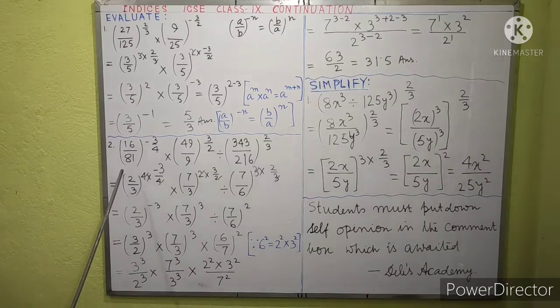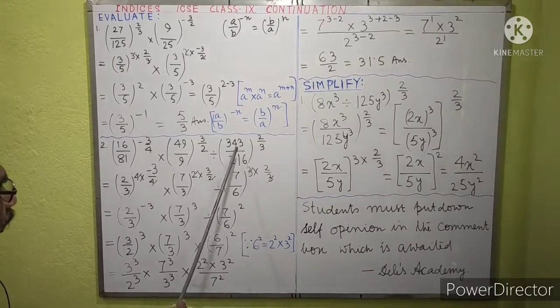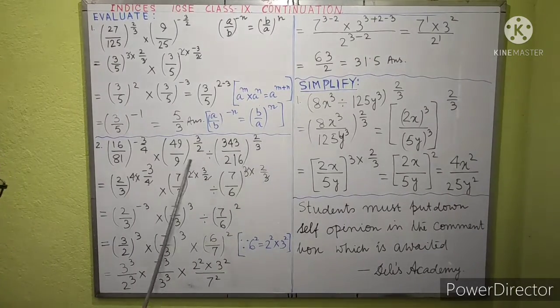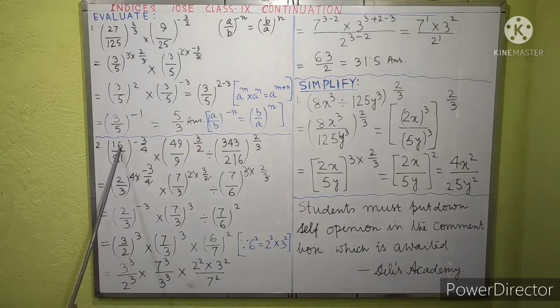Number 2: (16/81)^(-3/4) × (49/9)^(3/2) ÷ (343/216)^(2/3). At first we change into their respective roots. 16 equals 2 to the power 4 and 81 is 3 to the power 4.